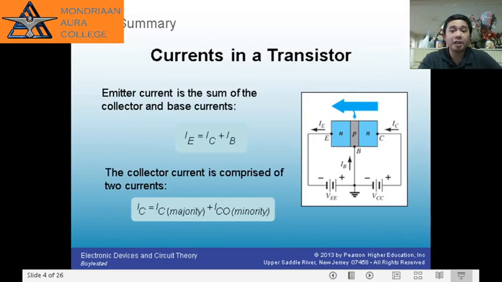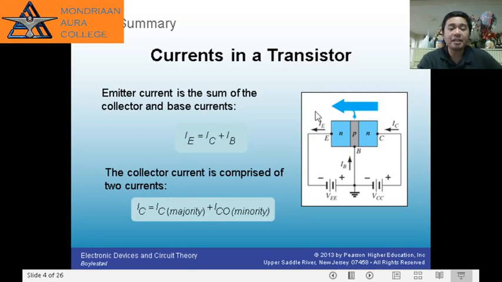Balikan natin yung relationship ng tatlong kuryente natin. We have I sub E is equal to I sub C plus I sub B. Remember, ang ating base layer is the least conductive. If it is the least conductive, therefore it's the most resistive. If it's the most resistive, yan yung may pinakamababang kuryente.